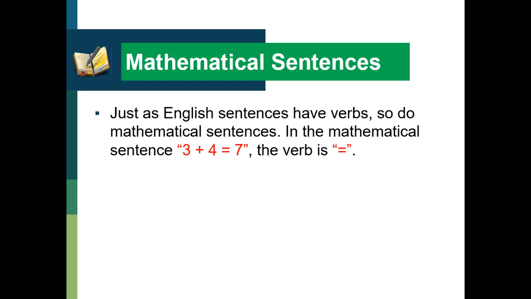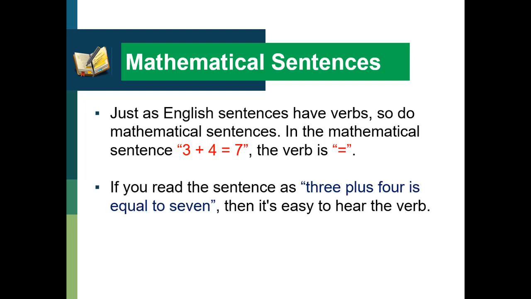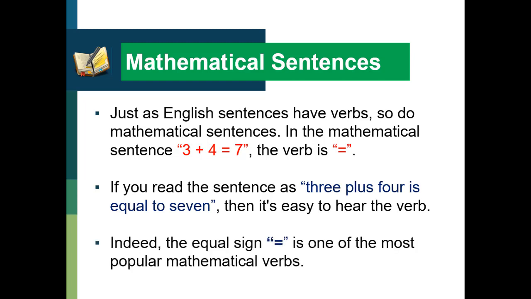Just as English sentences have verbs, so do mathematical sentences. In the mathematical sentence 3 plus 4 is equal to 7, the verb is "equal." Can you figure out why? If you read the sentence as 3 plus 4 is equal to 7, then it's easy to hear the verb, or it's easy to observe the verb, and that is "equal." See?